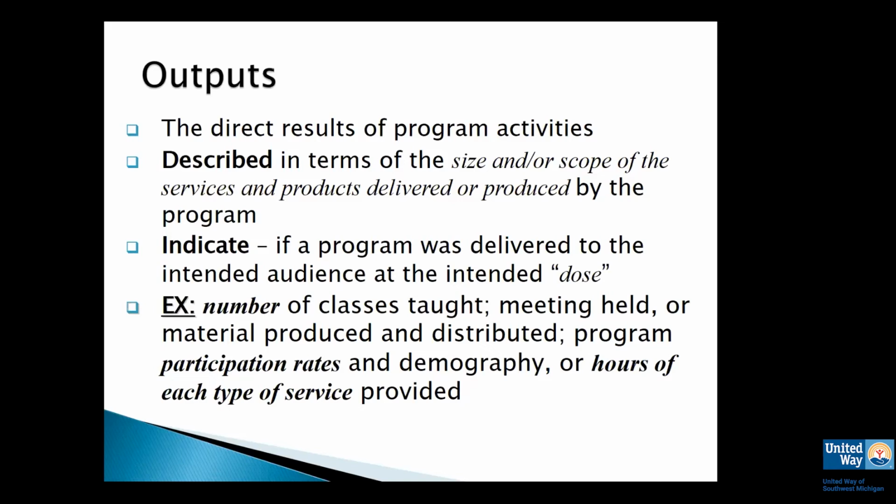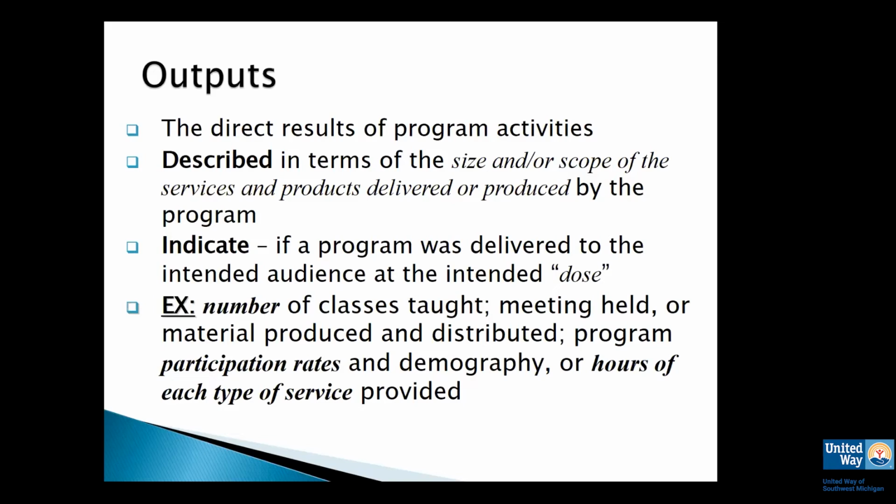Numbers of people served, numbers of times that people went through a particular program. So classes taught, meetings held, material that was produced or distributed, even participation rates, hours of service. All of those are the kinds of things that outputs are. And yes, those are important because they tell us whether or not we actually reached, which is why it's called a reach, the people that we said that we were going to reach, or in the way that we thought we were going to.